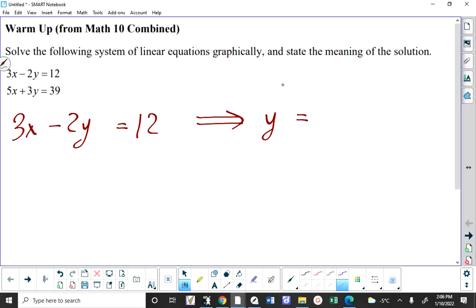If we wanted to graph these on paper, we would still need to rearrange for y because that's how you can tell what the slope and the y-intercept is. So in order for us to rearrange this for y, the first thing you're going to probably do is move the 2y to the other side. Subtract the 12 from both sides.